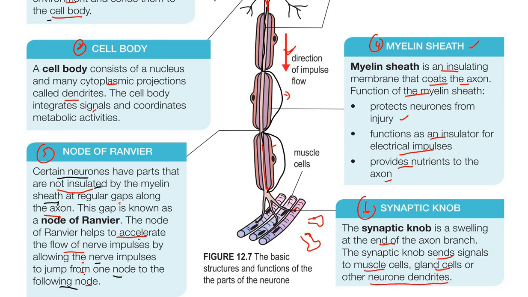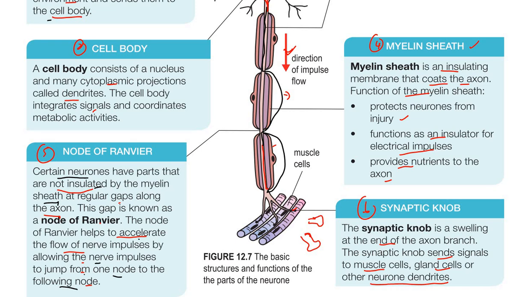So this is the function of the synaptic knob. Later we are going to learn more in the synapse topic. This may occur only at the end of the axon branch, then send signals to muscle cells, gland cells, or other neurons.